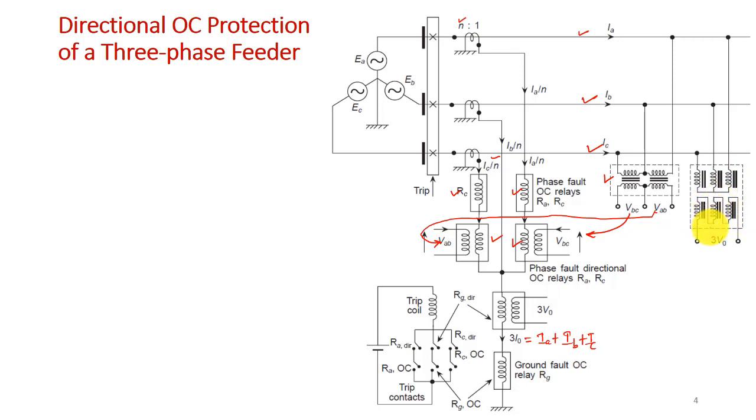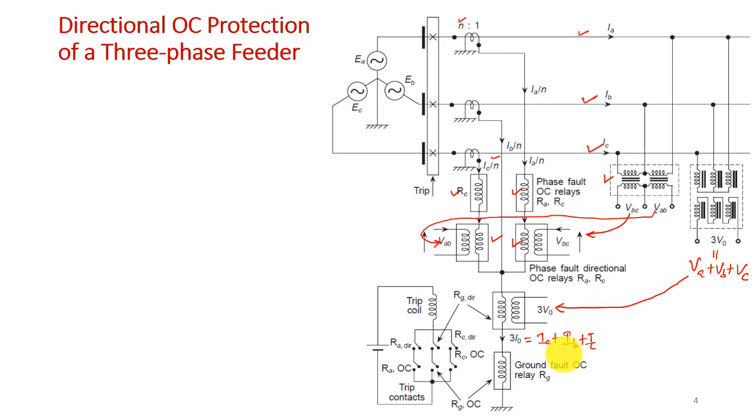As it is connected in series, all the voltages, that is VA plus VB plus VC, will be added together, and it will give us 3V0, and it is in fact fed here.